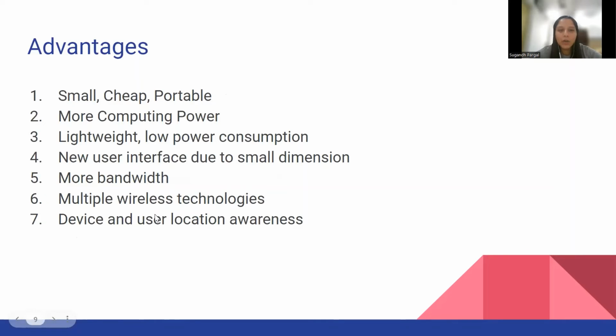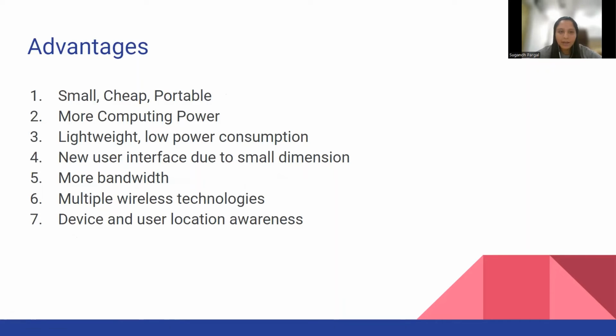Finally, we look into what are the advantages of mobile computing. First is that it is very small, cheap, and portable from one location to another. We do not have to stick to a particular location to make the communication possible. Second is that it has more computing power because of its small architecture.